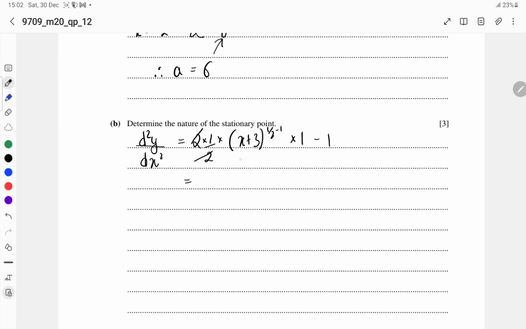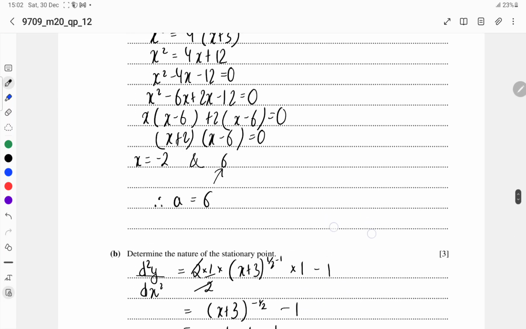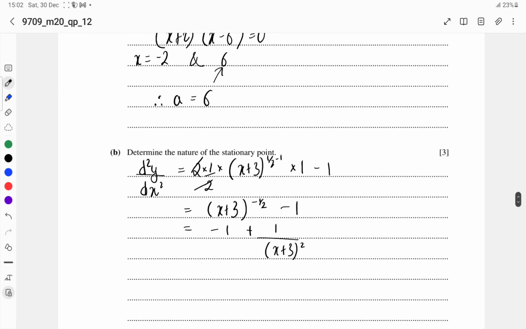So this 2 and 2 are going to cancel, and then we are going to have this function as (x plus 3) to the power of minus 1 by 2, minus 1, right? So what do we have? The second derivative is 1 over the square root of (x plus 3), minus 1, right? So we need to find the nature of the stationary point at (6, 14).